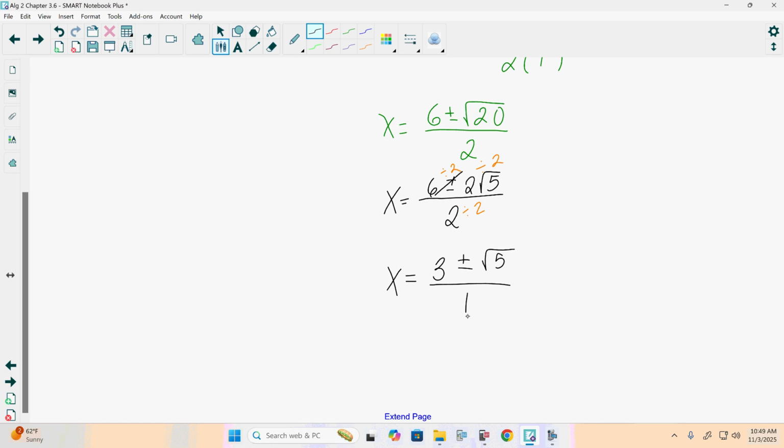Do we need to write a division of 1? No. So it's really just telling us that x is equal to 3 plus or minus the square root of 5. Now, writing the division of 1 is not wrong. We just don't need it. We don't have to write it. Questions on this here?